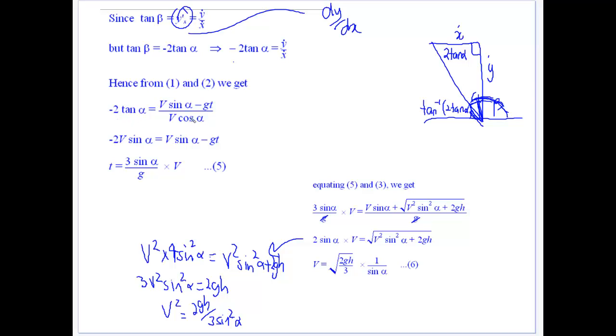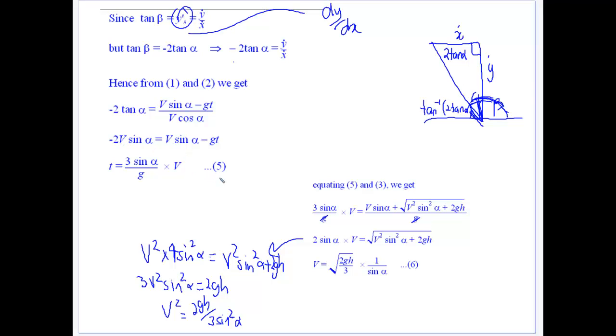Well, let's multiply through by cos alpha and v, and we get minus 2v sine alpha. So the tan alpha multiplies by the cos, and the coses cancel. So we get v sine alpha minus gt equals minus 2v sine alpha. So we can set up t being equal to 3 sine alpha on g times v. So we just manipulate it, get t there.